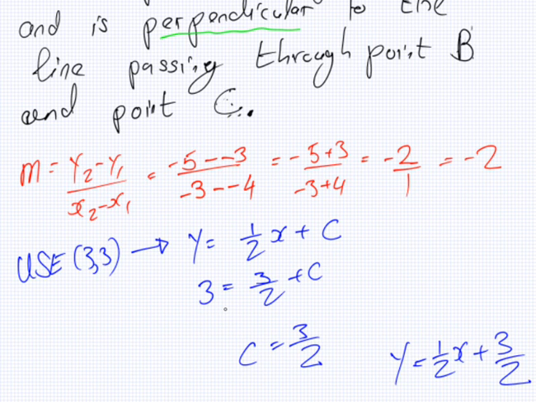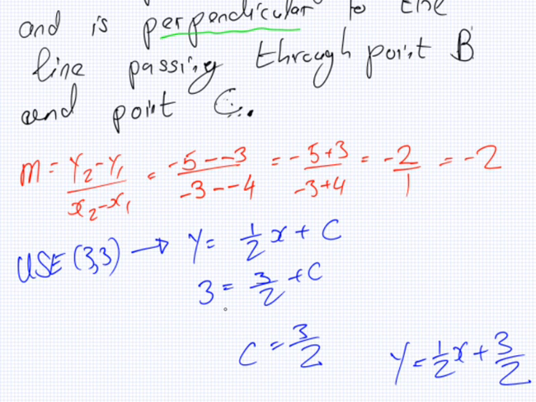Good. So now we have y equals 1 over 2 x plus c. What we need to do is find the c now. We find the c like before, we need to use a point. But do we use A, B, or C? We can only use A because only A is on the line.